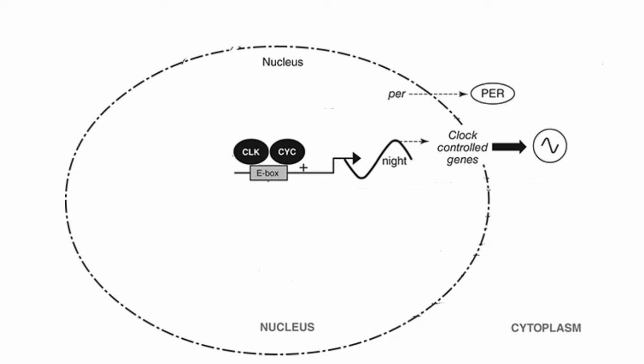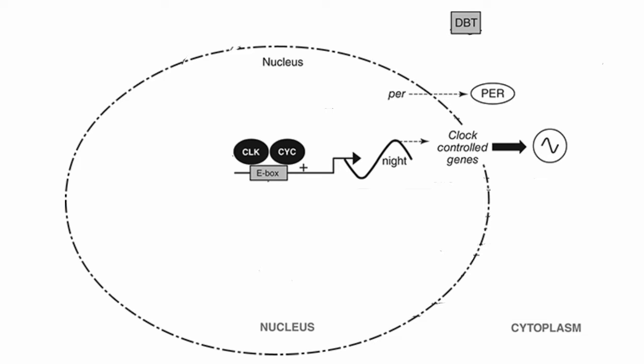Now, one of the problems with the initial production of per here is that there is another protein, DBT, which is short for double time. And what this does is it rapidly degrades per in the cytoplasm. Per production is ramped up relatively quickly.